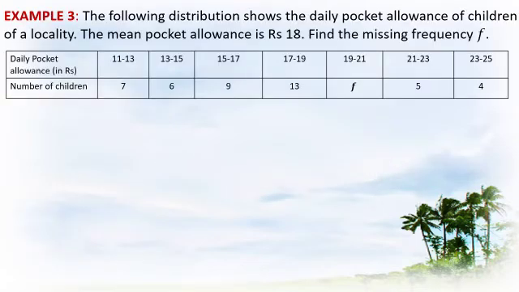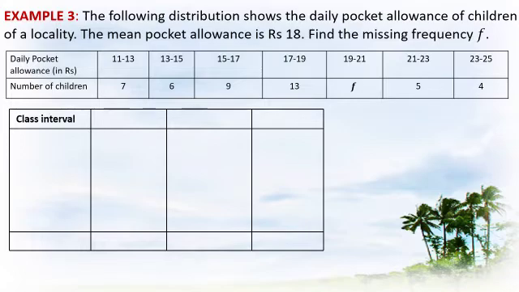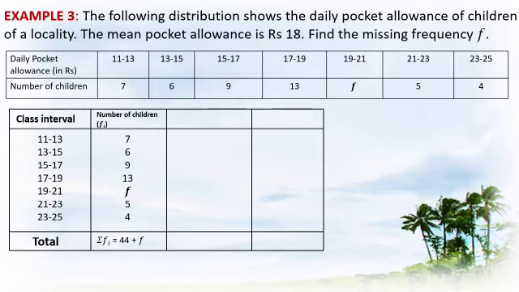In this example, we are going to find the missing frequency. The following distribution shows the daily pocket allowance of children of a locality. The mean pocket allowance is ₹18. Find the missing frequency f.